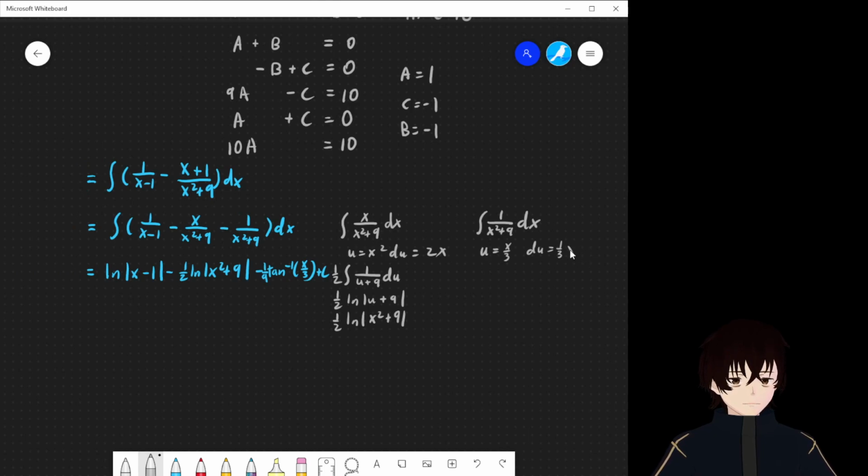No, du is equal to 1/3 dx, not x. So we get the integral of 1/3 and 1 over 9u squared plus 9 du.